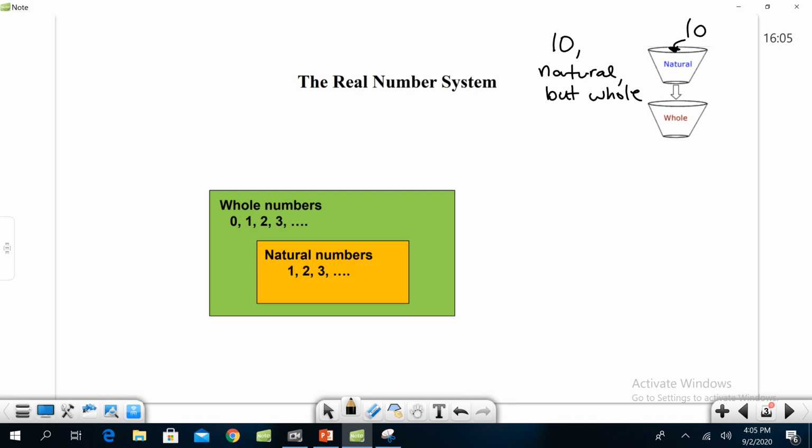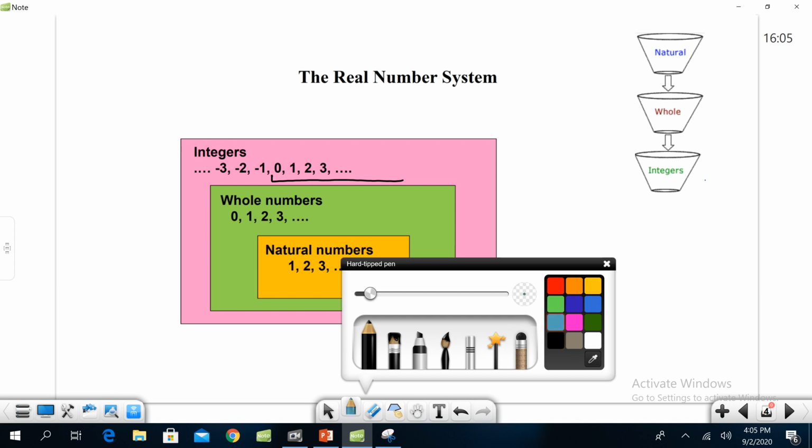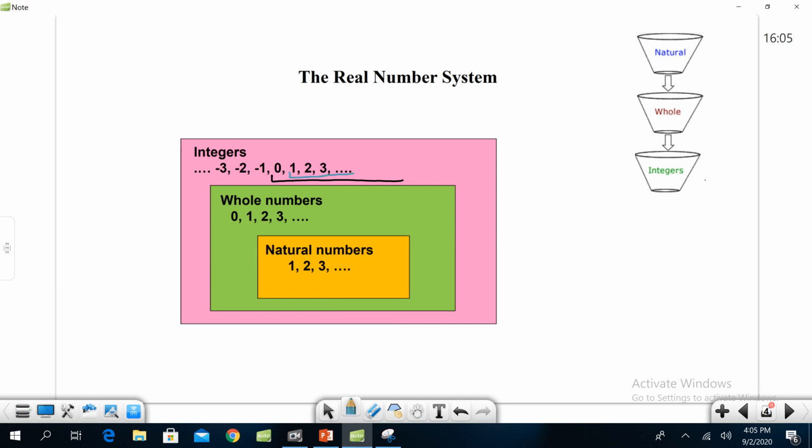Next, my natural numbers and my whole numbers also have a very special name. And the name for that is integers. So you'll see that here is my list of whole numbers. That includes my natural numbers. But integers now also include my negative numbers.